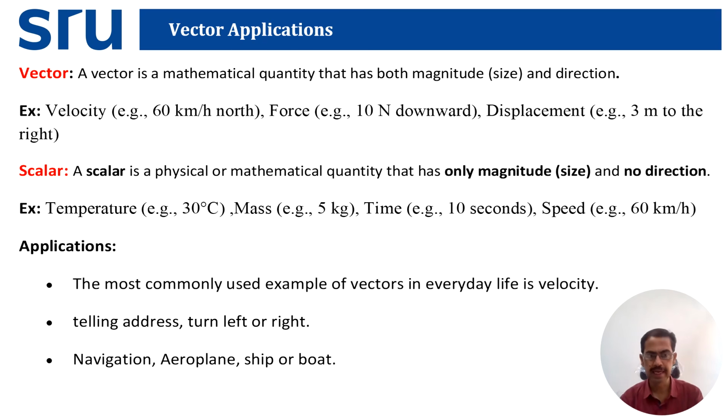Now in daily life, we're going to discuss when we use vectors. The most commonly used example of vectors in everyday life is velocity. When I'm telling an address: turn right, turn left, take a U-turn, right?